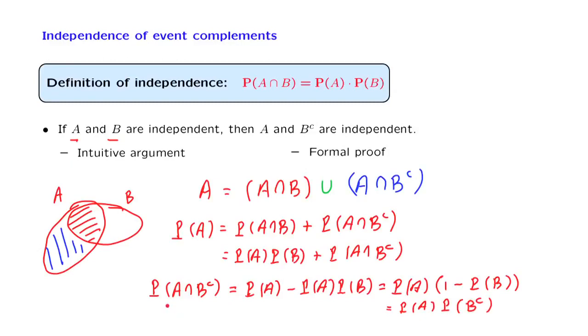So we proved that the probability of A and B complement occurring together is the product of their individual probabilities, and that's exactly the definition of A being independent from B complement, and this concludes the formal proof.